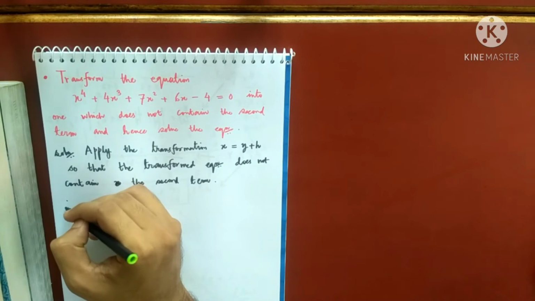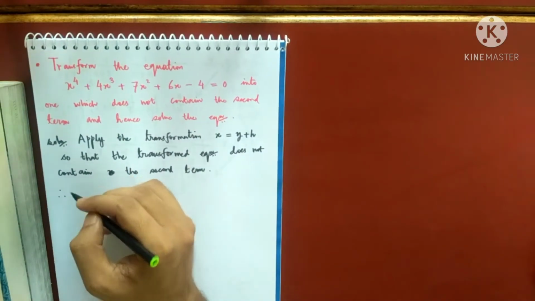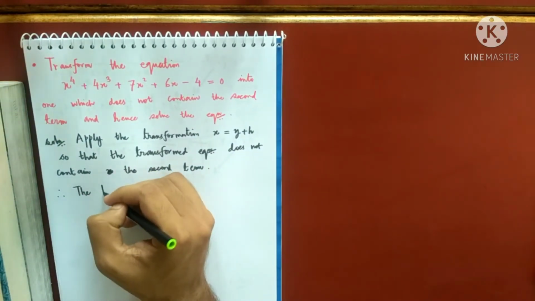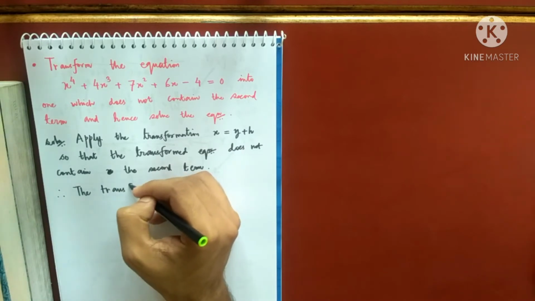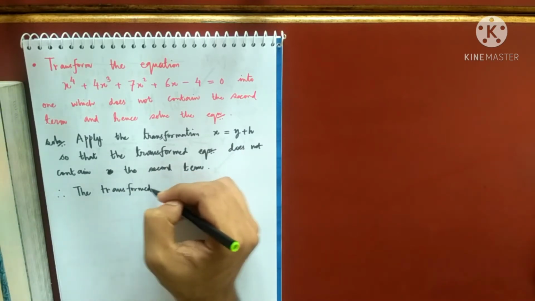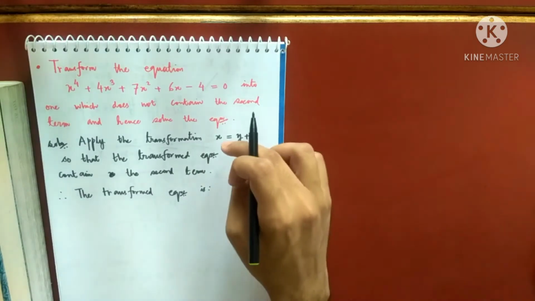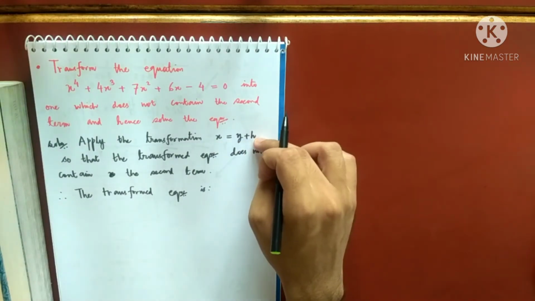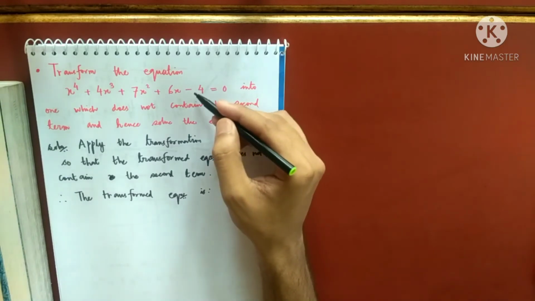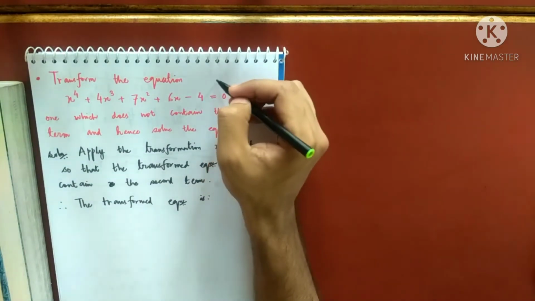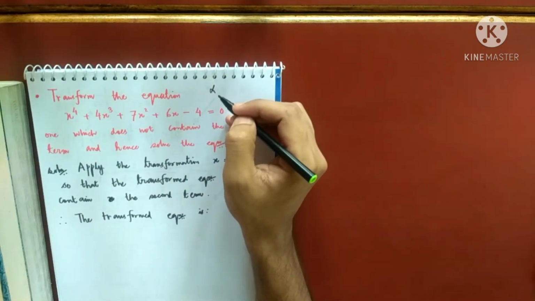So therefore, the transformed equation is, instead of x, I am putting y plus h. What I am doing is, suppose alpha is the root of this equation.